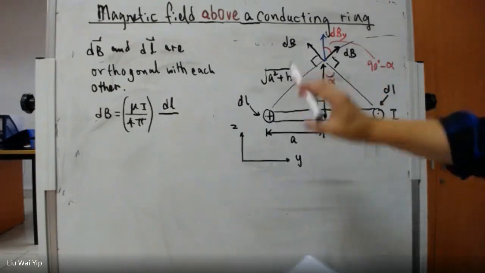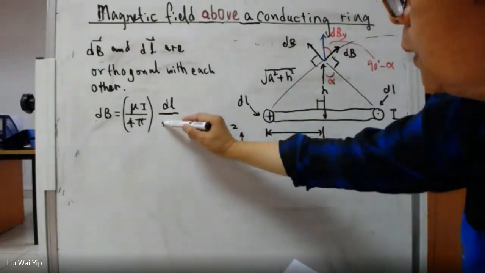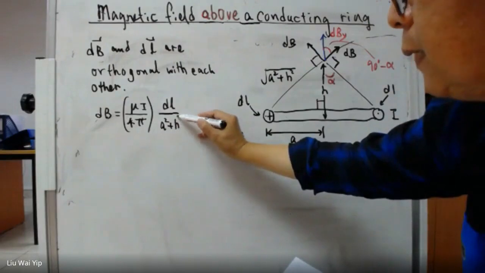The length should be this one, so it should be a squared plus h squared.